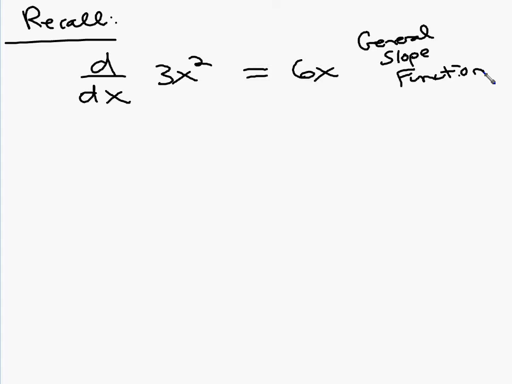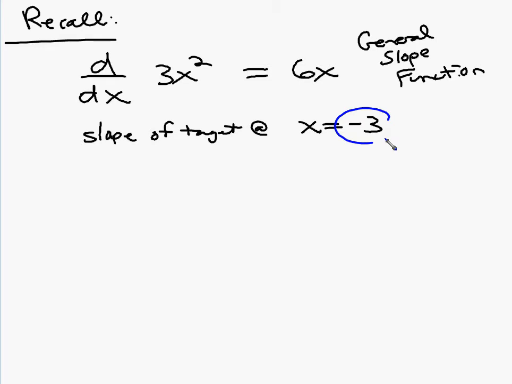If I wanted to find the slope of the tangent at x equals -3, then all I have to do is put that -3 into the slope function and it will tell me the slope of the tangent line.